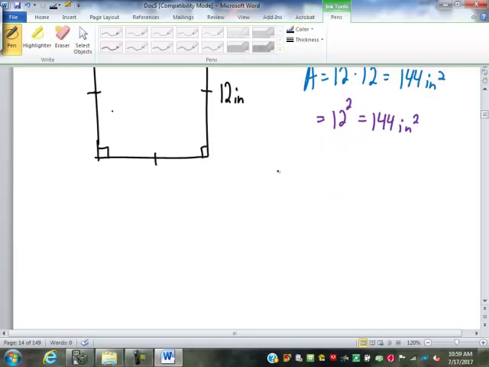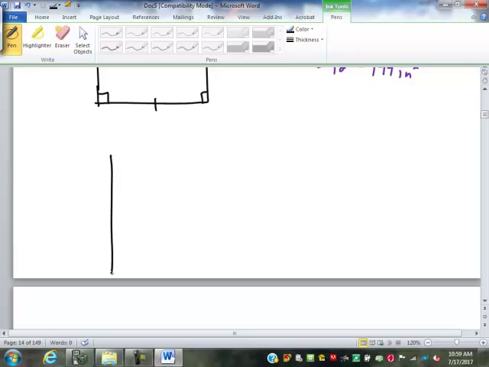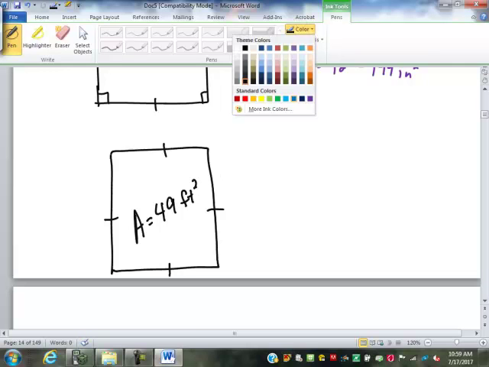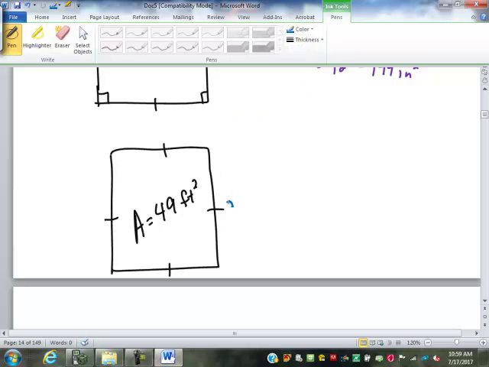With that in mind, if I give you a square and tell you that its area is 49 square feet, how would I find the length of a side?